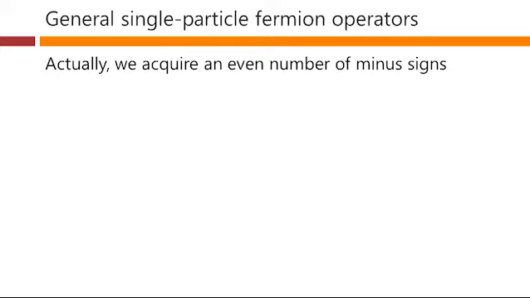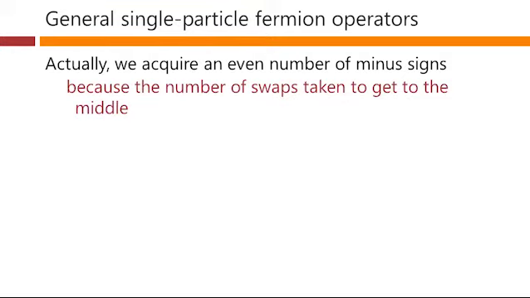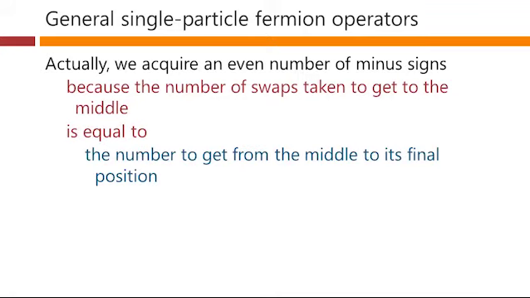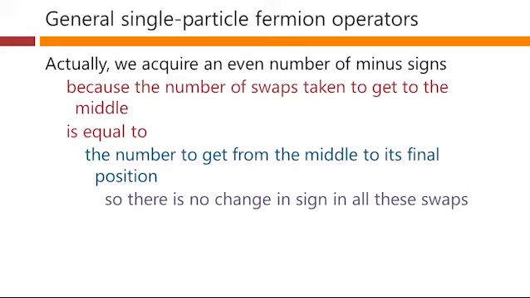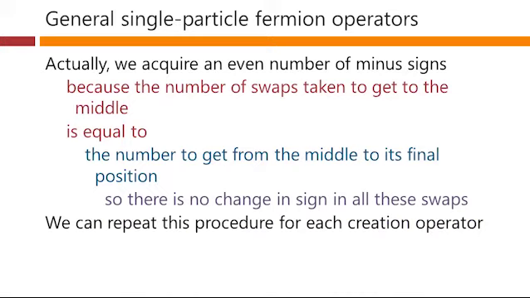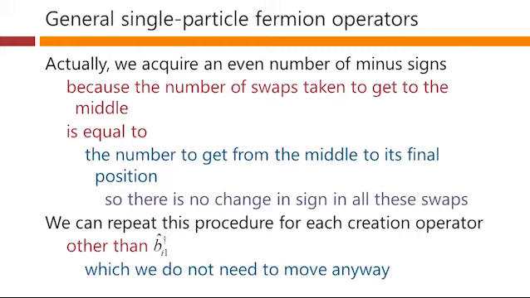Actually, we acquire an even number of minus signs because the number of swaps taken to get to the middle is equal to the number of swaps to get from the middle to the final position, because of the symmetry of that list. So there is no change in sign in all of these swaps, and we can repeat this procedure for each creation operator other than this specific one here, which we do not need to move anyway.